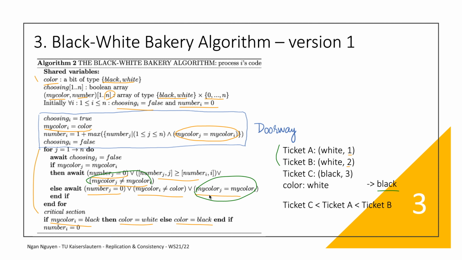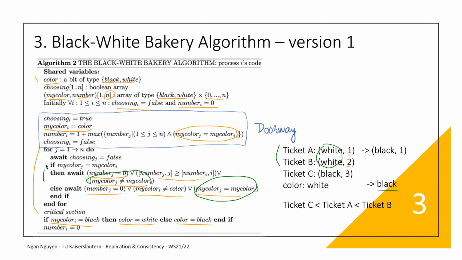And maybe ticket A re-enters the doorway again, and then it will have new values with the color black and the number maybe 1. And since at the beginning ticket B already checked its color with ticket A and they have the same color, ticket B always loops in this condition.